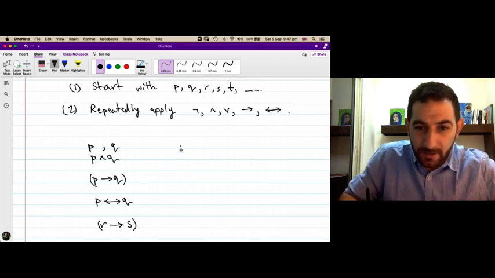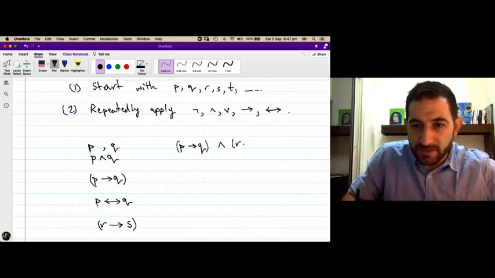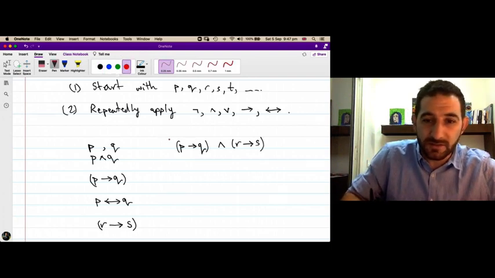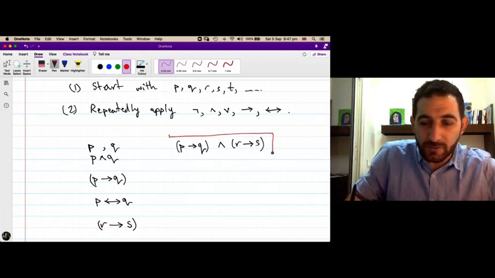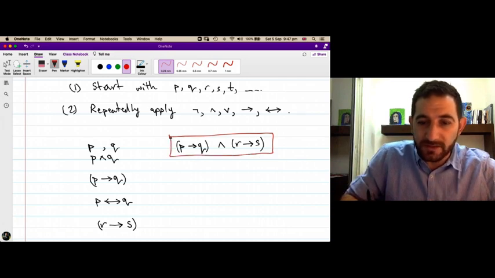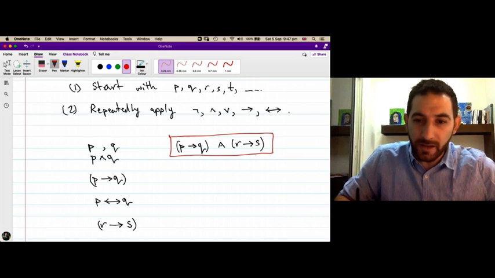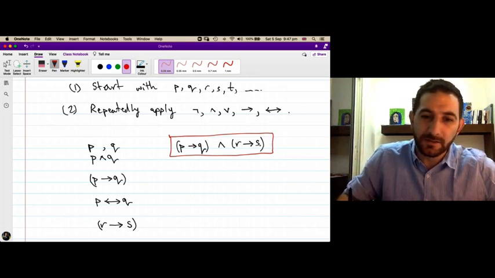So we can say P implies Q and R implies S. So this is a new proposition. See, this whole thing is a new statement. It says if P then Q and if R then S.